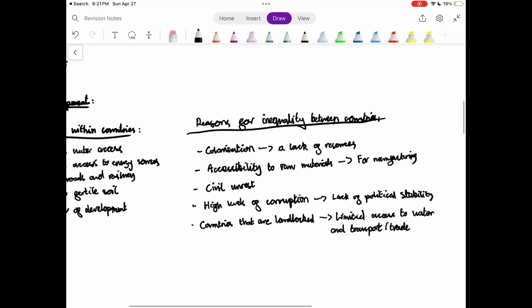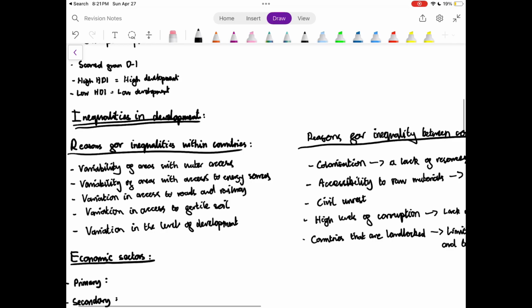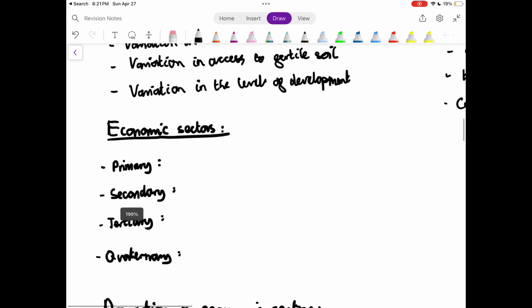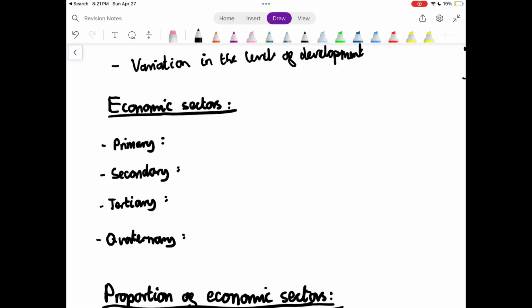Okay, so now we've looked at the reasons for inequalities within and between countries, and now we're going to be looking at the economic sectors and what they are. There's 4 types. There's primary, secondary, tertiary, and quaternary.